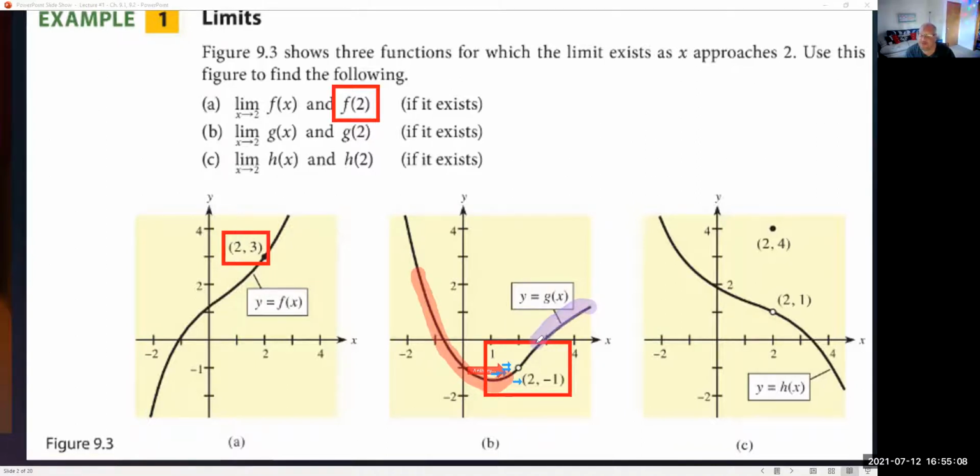But if I come in from the right side like this, I would say the limit as x approaches 2 from the right is actually -1. But again, it's not that f of 2 is -1. It's that the limit as x approaches 2 is -1. And it's the same coming from the left as it is from the right. The way that we know that is by following the curve of the function, okay?